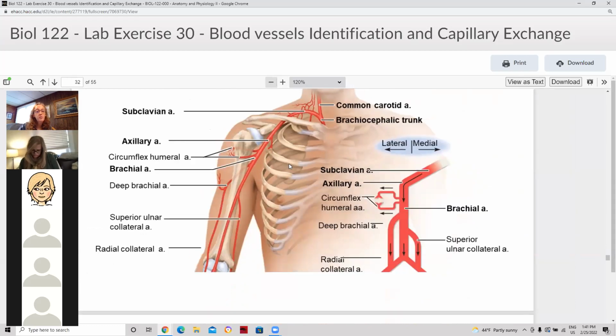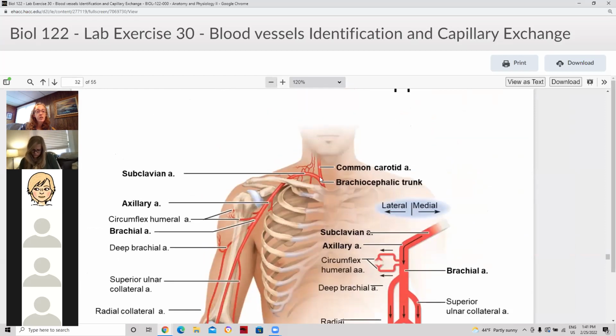Showing that branching network going down the arm, brachiocephalic trunk, common carotid, becomes the subclavian artery, which becomes the axillary artery, which becomes the brachial artery. Coming off the brachial artery and going around the humerus is the circumflex humeral artery.